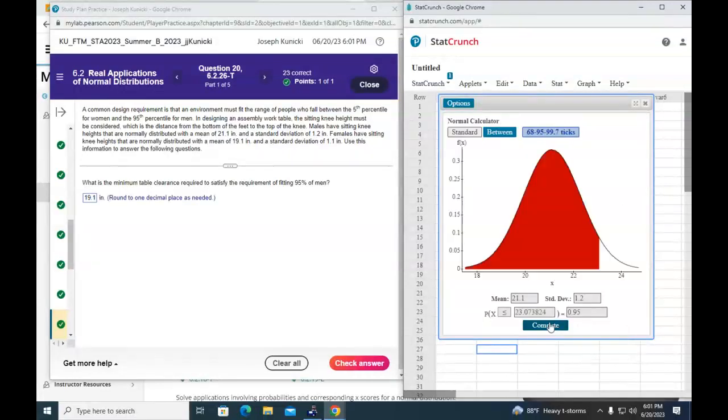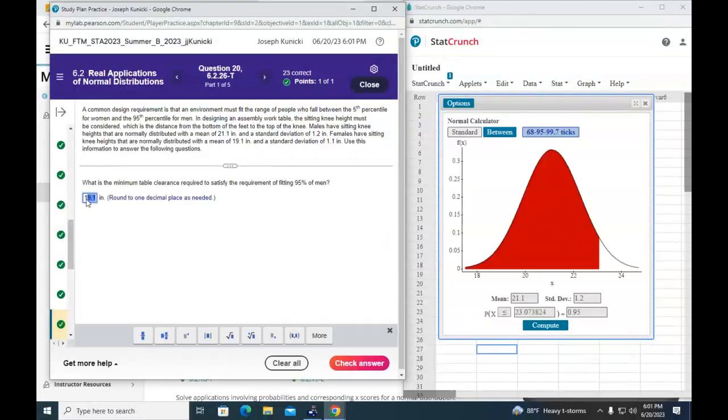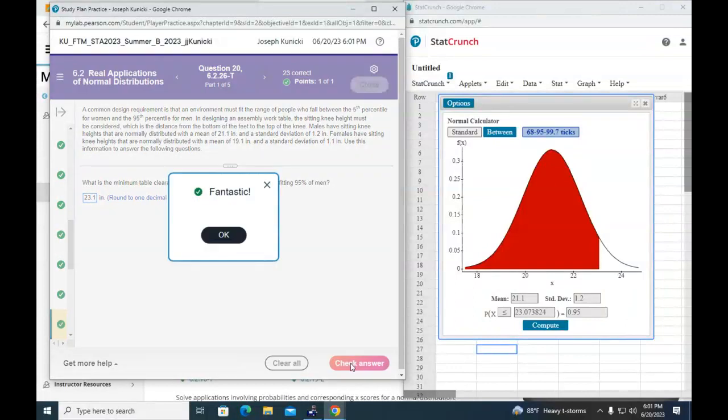I was thinking backwards. We're looking for the 95%, so it will be less than.